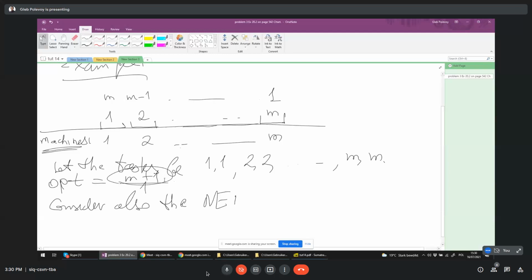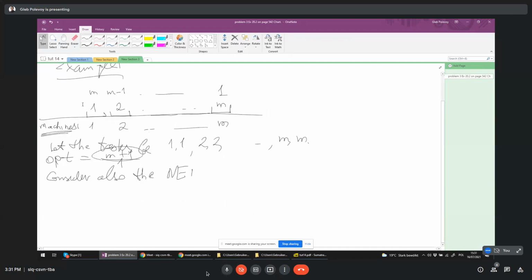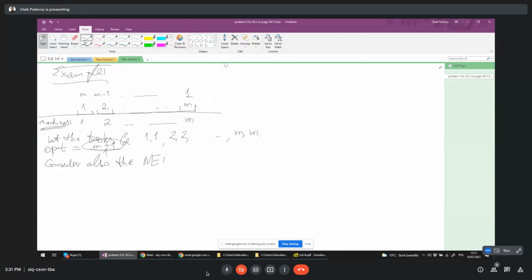Maybe you actually find another way to solve it. Nobody tells you that my solution is good. I mean, it should be good unless I've made a mistake, but nobody claims that's the only one. Maybe you find another one, also fine. So let's see. You suggest basically, so those are the machines, like Hebrew from right to left.